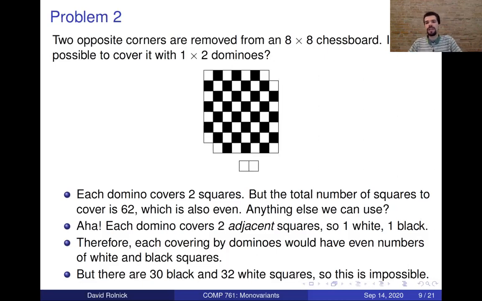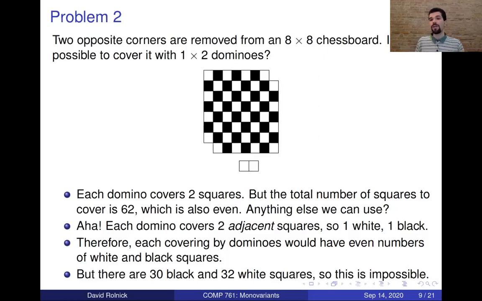Yeah, so here the invariant, not every invariant proof needs to be stated as an invariant proof, but in this case, I would call the invariant the number of black squares which are covered minus the number of white squares which are covered by dominoes as you put more dominoes on. As you add a new domino, the number of black squares increases by 1, the number of white squares increases by 1, so that difference stays constant.